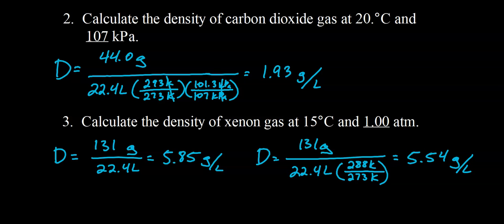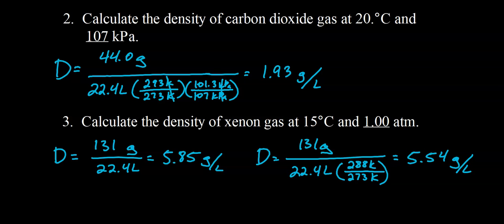At 15 degrees Celsius and standard pressure, what do you notice about the density? So what does that mean? If you increase the temperature of a gas, what happens to its volume? Well, its volume increases. If the volume of a gas increases, what happens to its density? Remember, volume and density are inversely related, so the density will decrease.